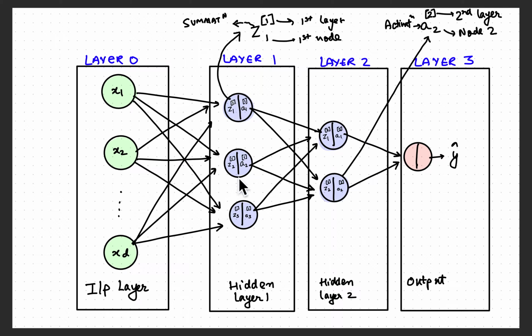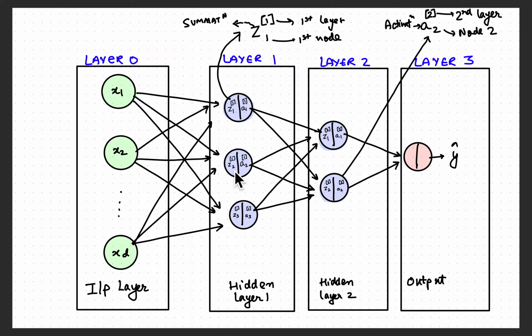So all of the neurons in this particular layer have square bracket 1 as the superscript, and the subscript, which does not have any bracket around it, tells us the node number or the neuron number in that specific layer. So Z superscript [1] subscript 1 means the summation of the neuron that belongs to layer 1 and is node 1 in that layer.